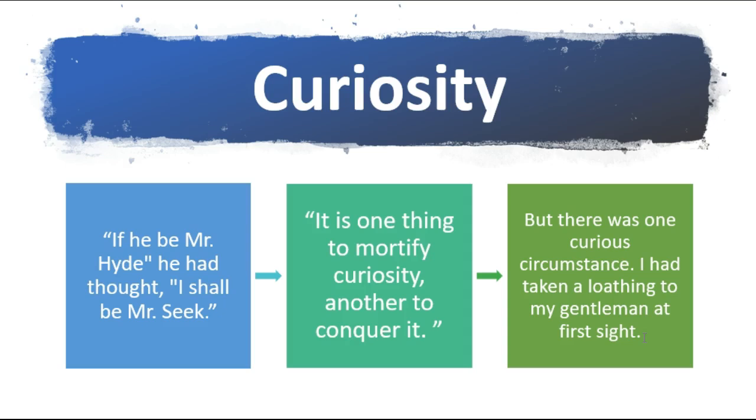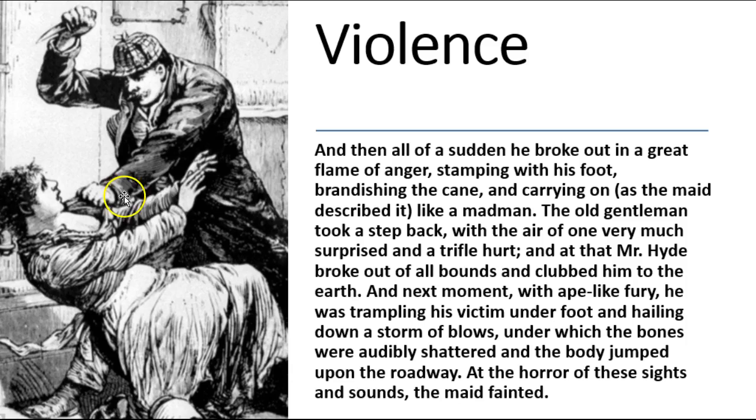And Stevenson's pointing out here that Enfield and the people around him are far, far worse characters than Hyde at this stage. Hyde hasn't committed any murders here, as far as we're aware. He's committed no crime at the beginning of the book, and yet people want to kill him. Why? Because mankind is inherently interested in violence.